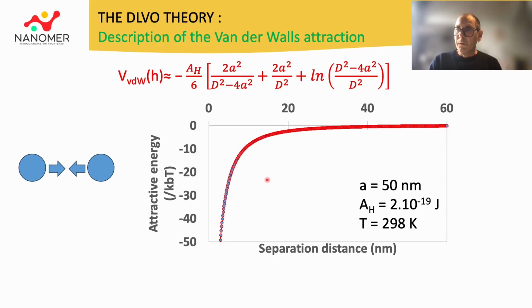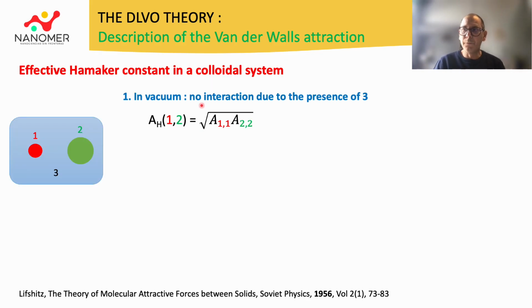And you observe that this curve indicates strong attraction when the particles approach each other and a rapid decrease of the attraction effect with distance. The determination of the value of the Hamaker constant for a system is not easy. These constants depend on the value of the total van der Waals interaction constant of a pure system, and for a real system, it is therefore necessary to determine an effective Hamaker constant.